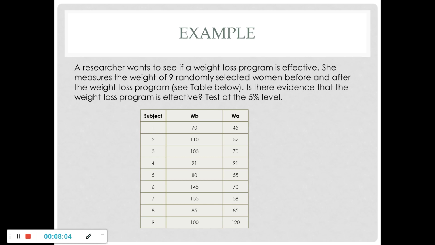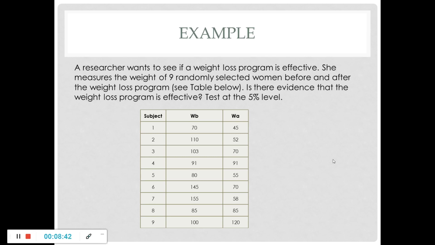So what is happening in this case is the subject is the same. Okay, so here 9 randomly picked people, right? And in the first column you have the weight before starting this diet program or the weight loss program, and WA stands for weight after undergoing the weight loss program.